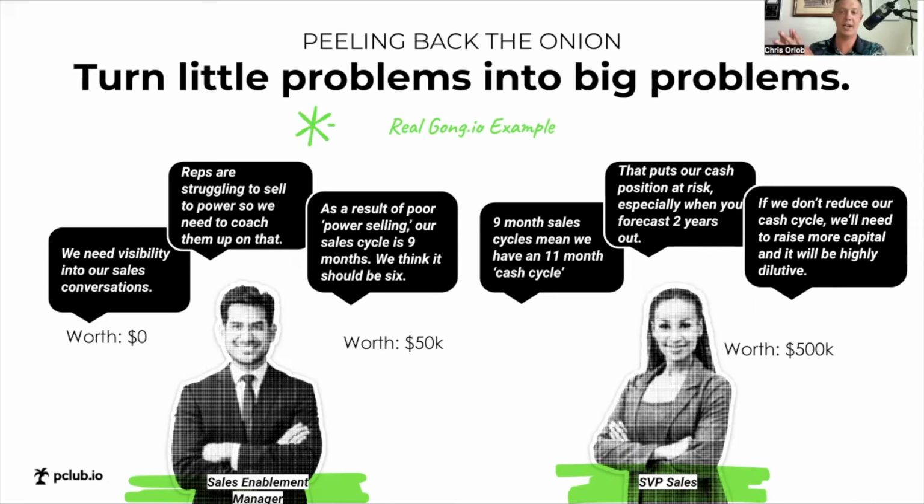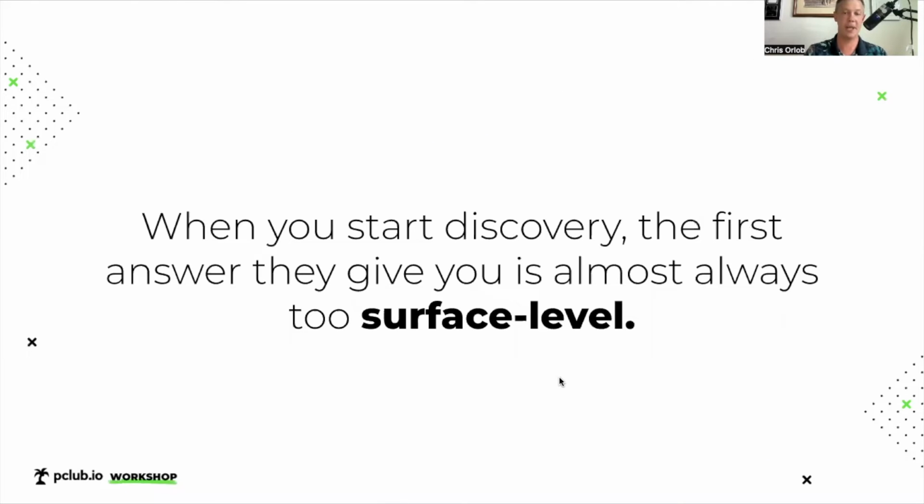Okay, so we've taken a surface level desired solution. We uncovered a little bit to find an initial problem, which was a sales cycle. And then we continued to peel back the onion to the point where a senior executive really cared about it because it was causing cash flow issues for the company. It was causing cash position issues for the company, and it would be incredibly expensive.